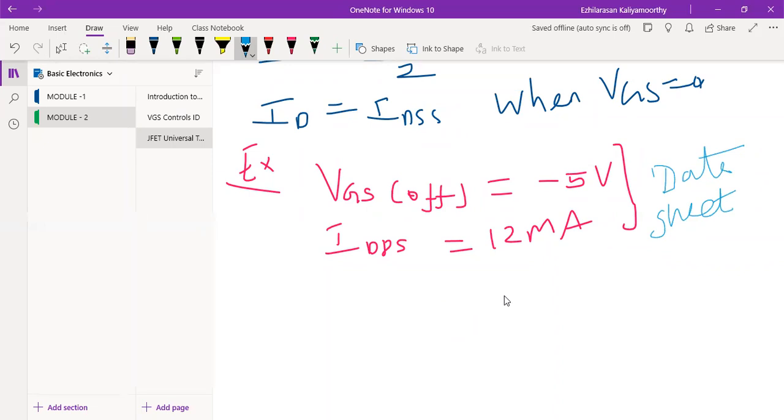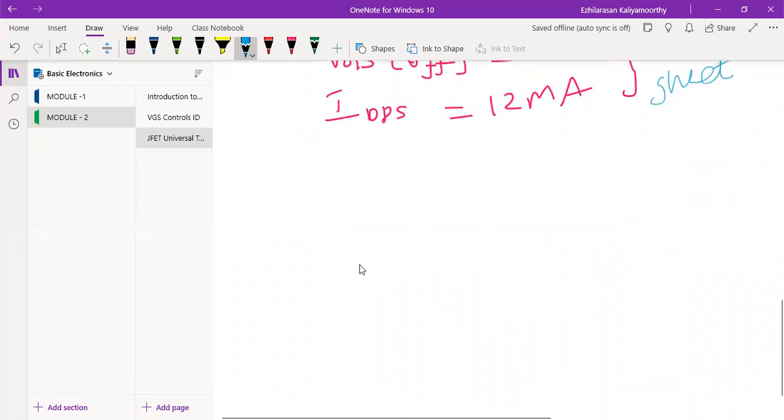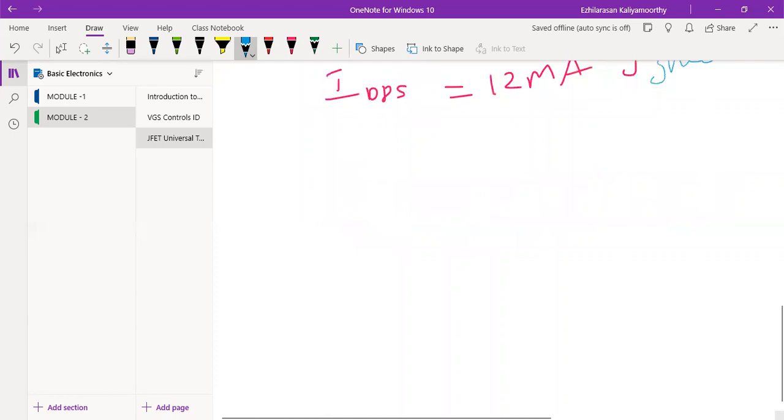Everything will be there in the data sheet. That is a reference for us, whether our device is working properly or not. Seeing that, we can easily understand that yes, we are getting a proper output.